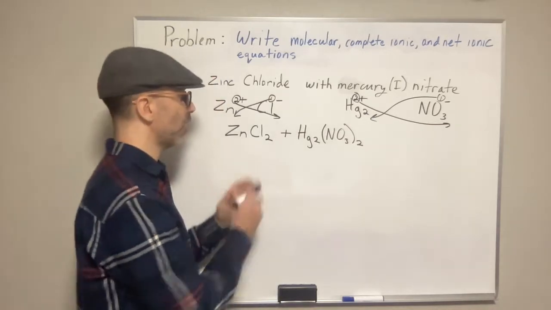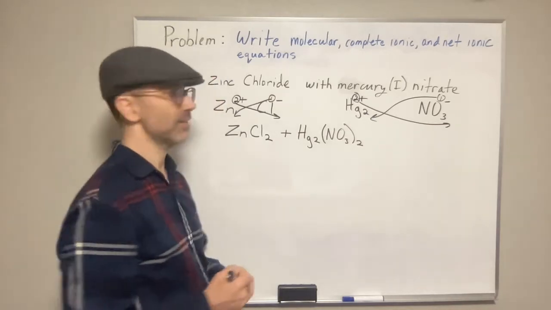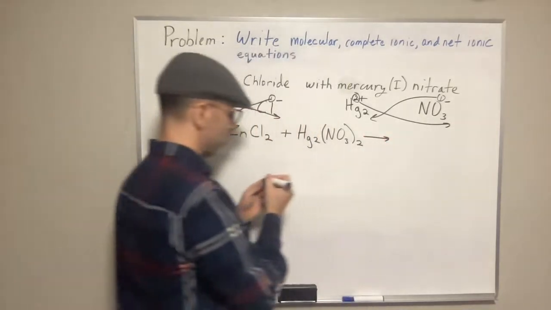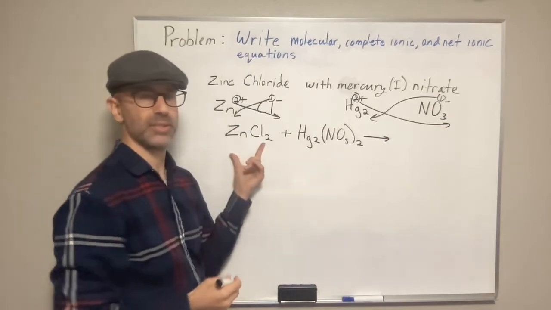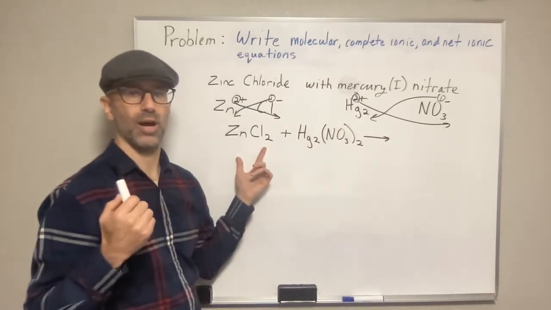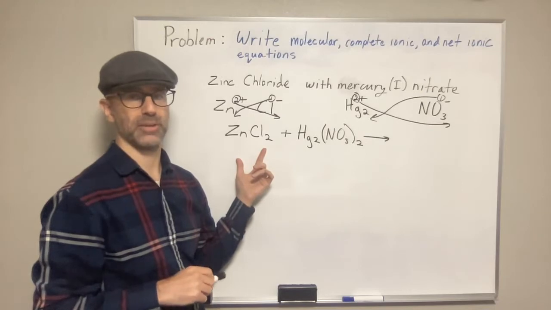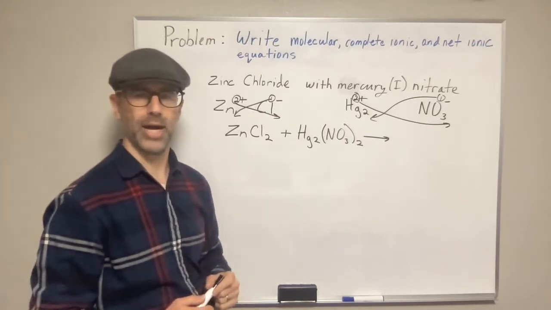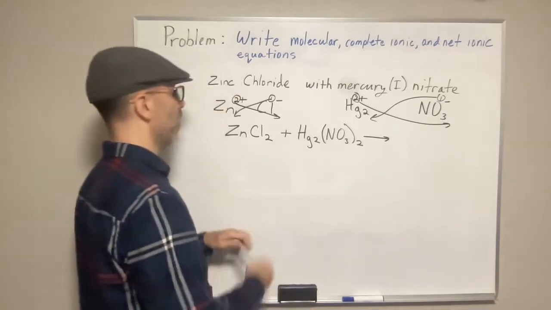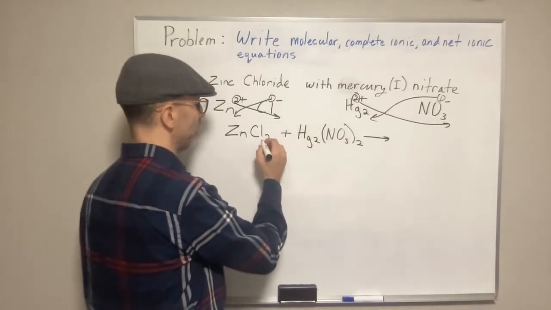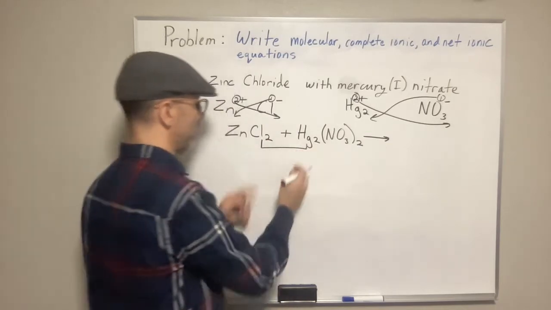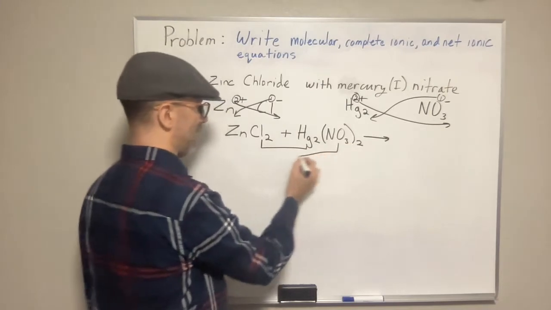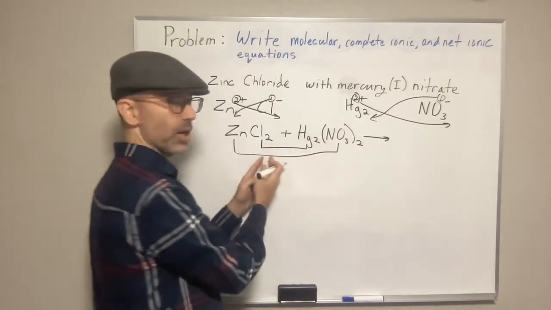All right, so we have our formulas of our reactants. Now all we need to do is get the products. And since we have 2 ionic substances, that's a dead giveaway that you're going to do a double displacement reaction. So how do you get the products from a double displacement reaction? Well, I'm glad you asked. You're going to take the inner ions, put those together, and then put the outer ions together to form another product.